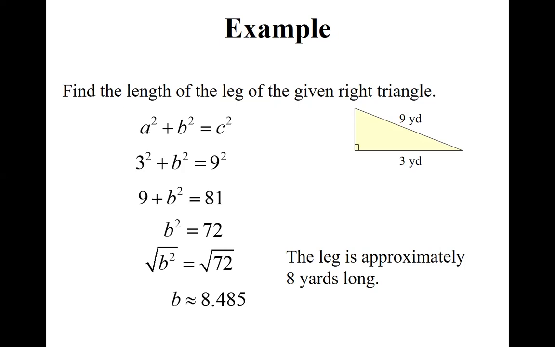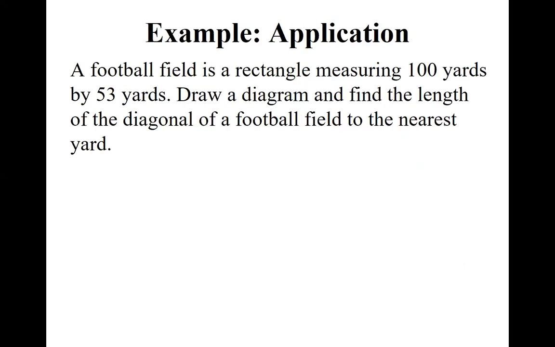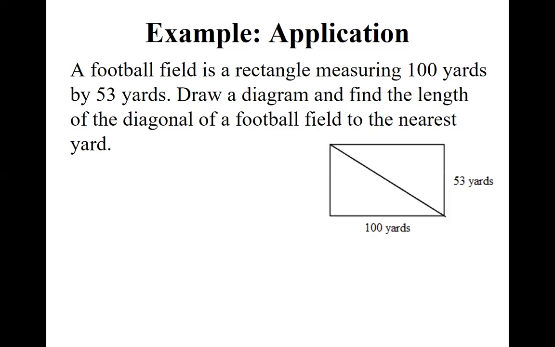So when could this be useful? A football field is a rectangle measuring 100 yards by 53 yards. Draw a diagram and find the length of the diagonal of a football field to the nearest yard. So that plain rectangle is an exciting football field, 100 yards by 53 yards.